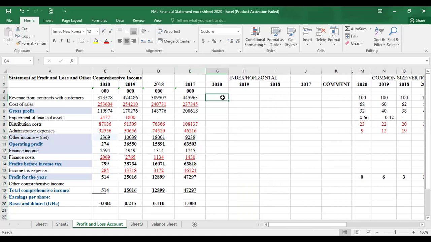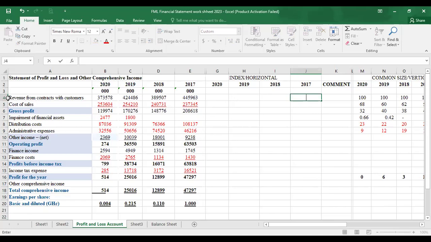Okay, so we want to do index or horizontal analysis. Here, we would look at the two types that we discussed. We said there is a moving trend and then a single or fixed year analysis. If we are doing a single base year analysis, in this case, 2017 will be the base.